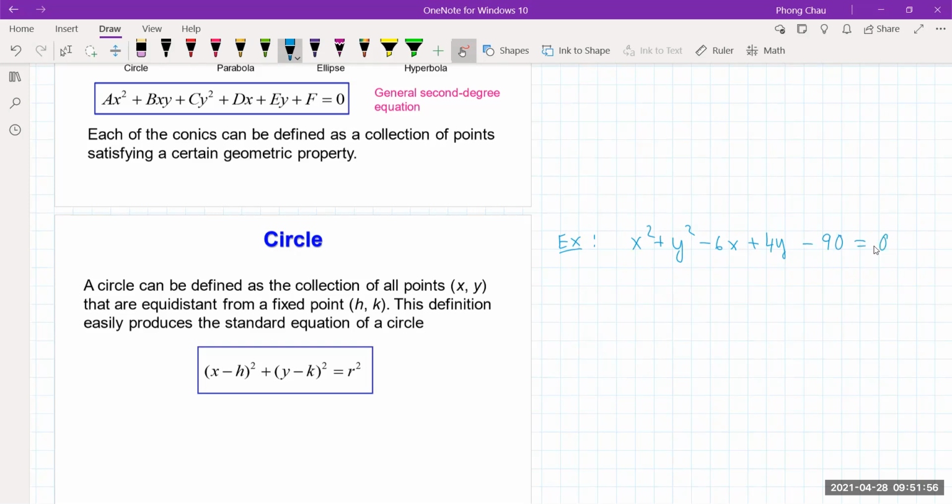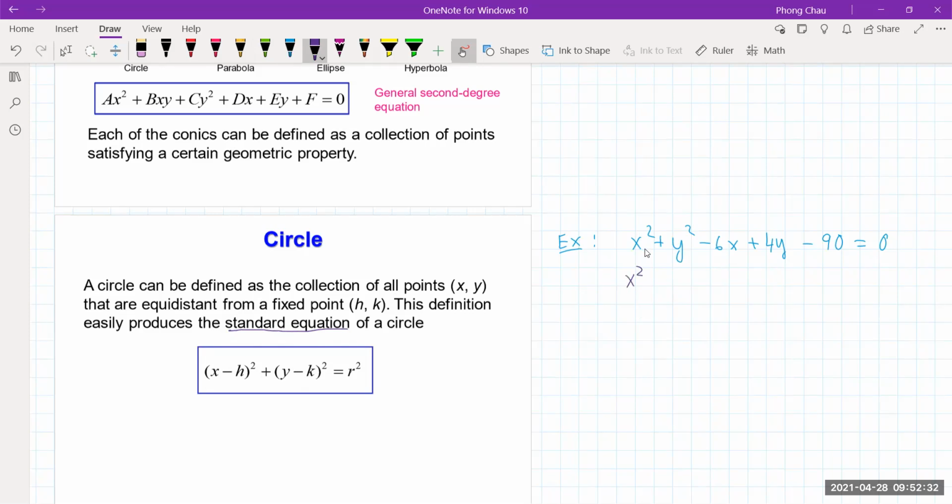Okay, so we see again, this is the general equation, it belongs to that form. But if I ask you to identify, okay, what is the center, what's the radius of the circle, then you cannot tell from here. And this is where the standard form, the standard equation, comes from. If you put it in that form, I can tell the h, k here is the center, the r is the radius. So to do that, you're going to have to complete the square.